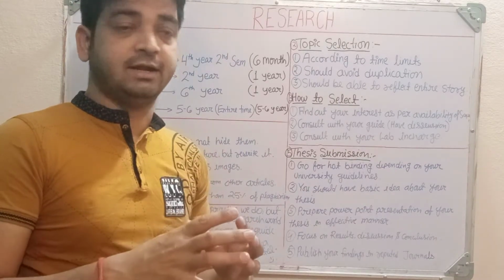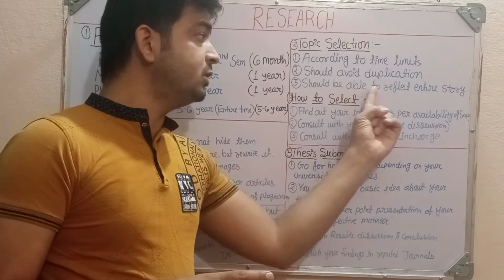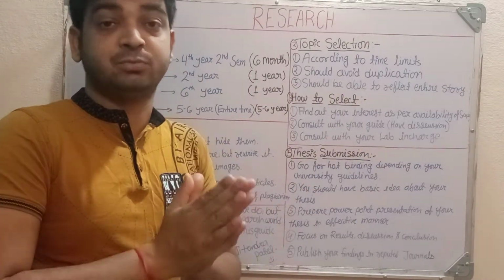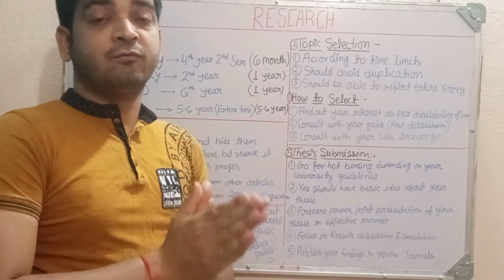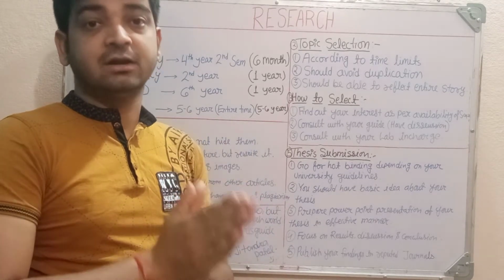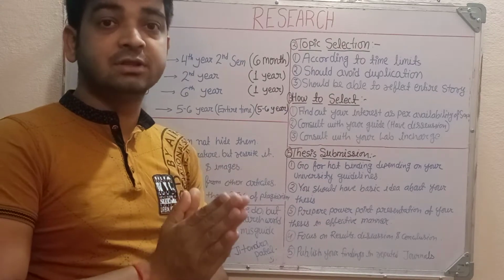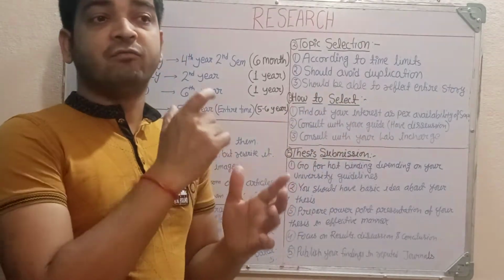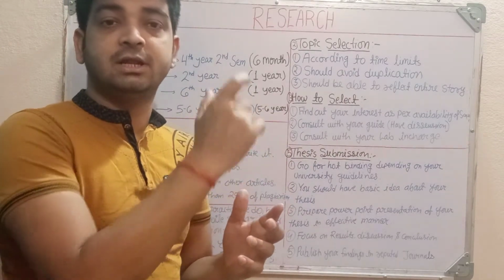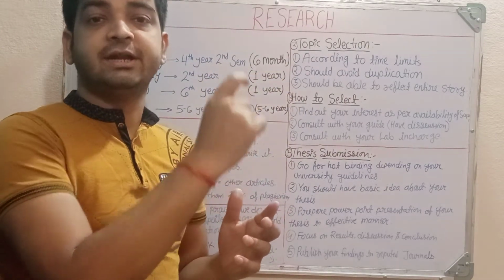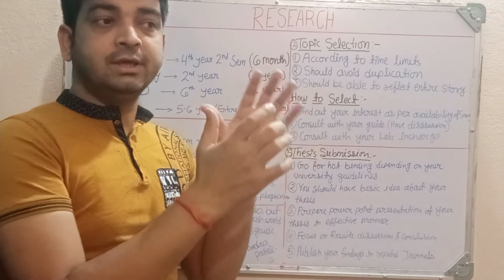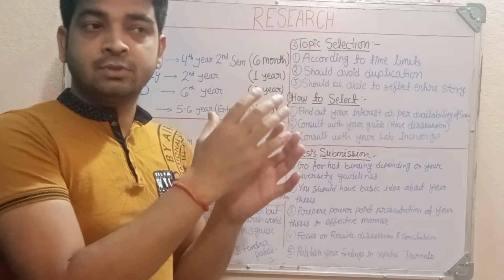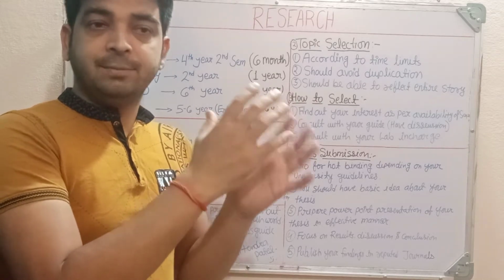We should avoid that. The topic should also reflect the entire story, the entire research program you are going to do for 6 months, 1 year or 5 to 6 years, whatever the time duration, whatever the course you belong to. For example, a topic like phytochemical screening and biological evaluation of selected medicinal plants. Phytochemical screening means you are going to select 2, 3 or 4 plants depending on the time.